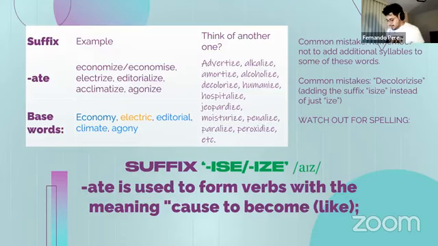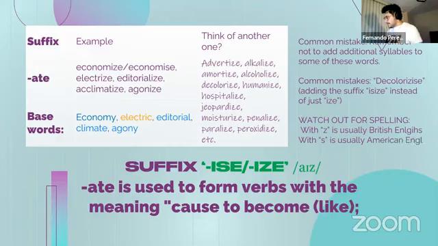The word ending with Z is usually British English. With S is usually American. No, it's the opposite. It's the opposite. This is S and this is Z.